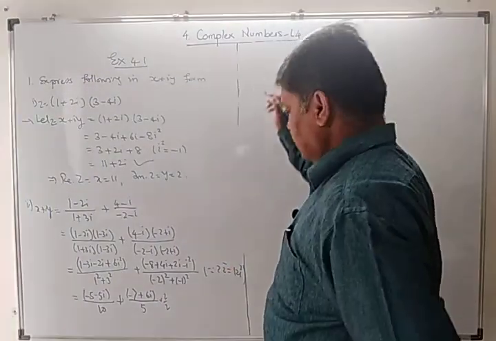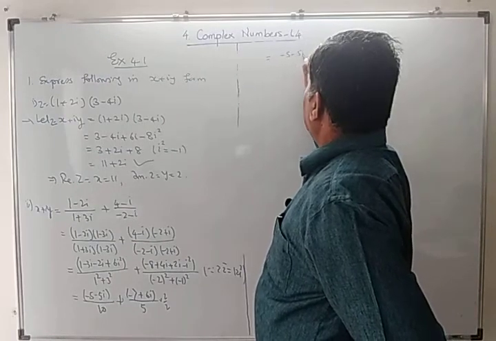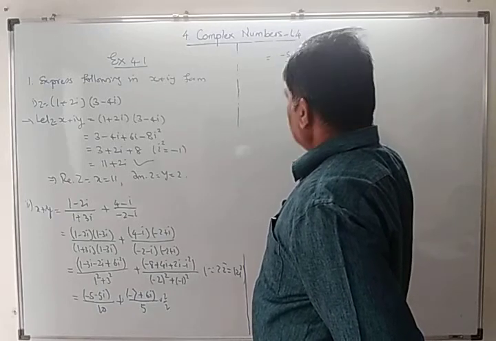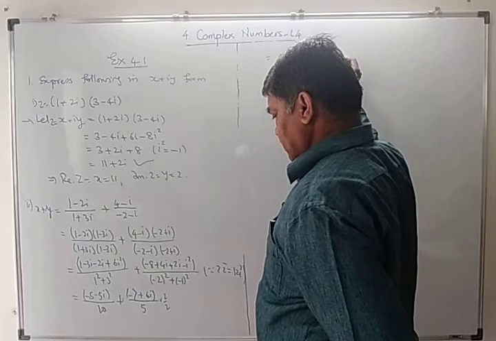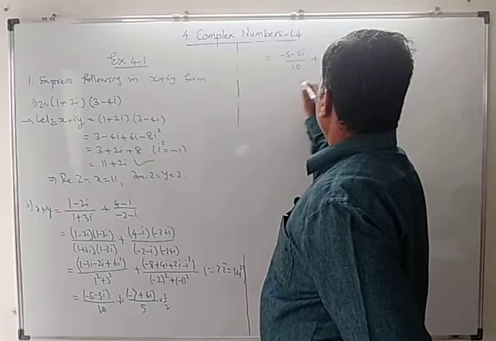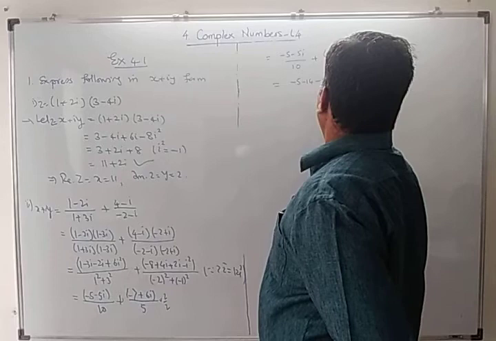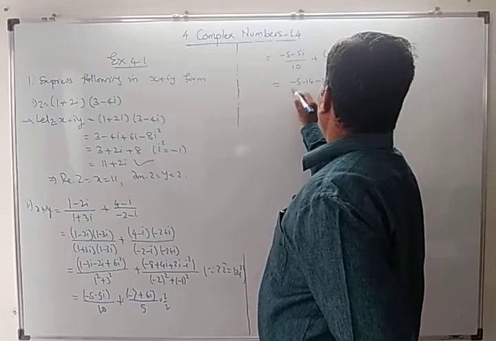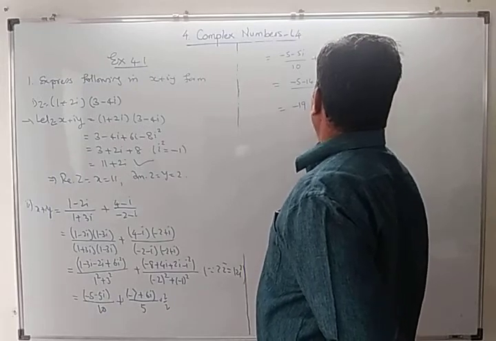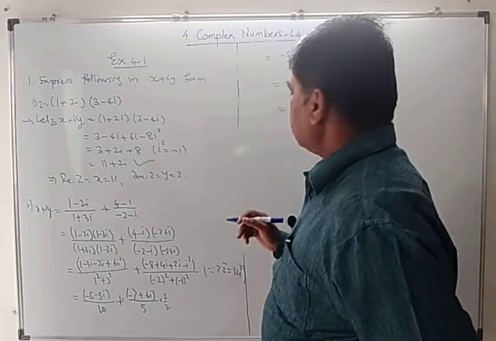Which is equal to (-5i)/10 + (-14 + 12i)/10, which is (-5 - 40 - 5i + 12i)/10, which is nothing but -19/10 + 7i/10, which is your x + iy form.